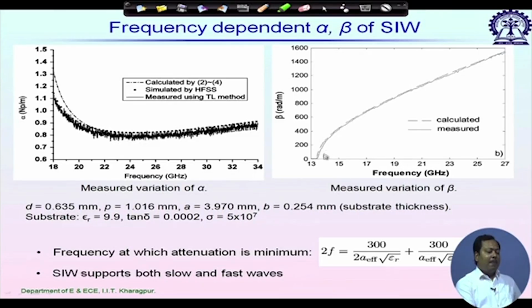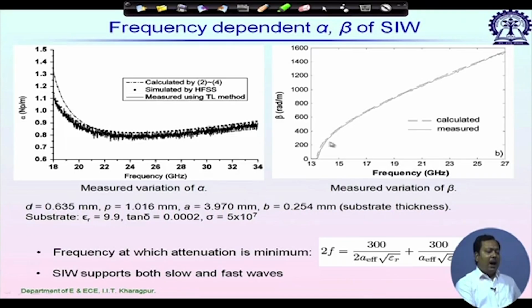And beta is equal to 0 at the cutoff frequency, so it shows clearly the cutoff frequency is 13.5 or 13.8 gigahertz, and then at higher frequency beta changes linearly. If I consider very close to the cutoff frequency, this line will be dispersive.